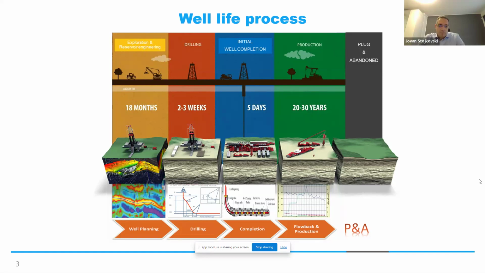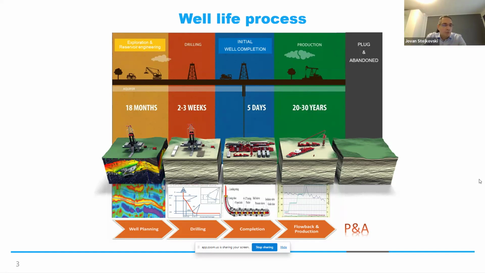When we decide to drill the well, we have exploration and reservoir engineering research, for which I put approximate times, not meant to be exact, of how many months or weeks we need to prepare for each phase. In the beginning, the reservoir guys look into 3D seismic to try to figure out where the potential is and which well location will be the best for reaching the hydrocarbons.